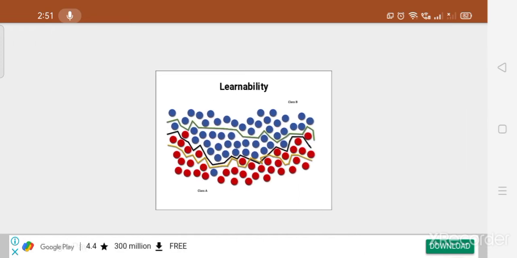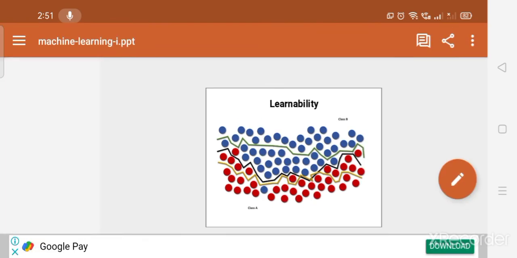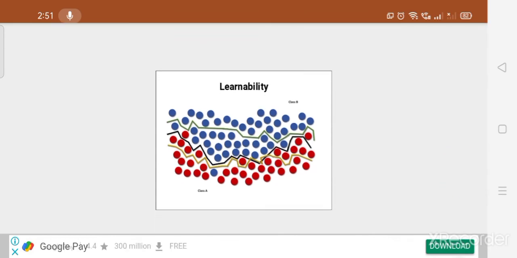The three hypotheses are shown with three lines. The first line, the middle one which starts from the left, misclassifies the data with one sample only, and the upper and lower lines misclassify the data with 13 and 23 samples respectively.